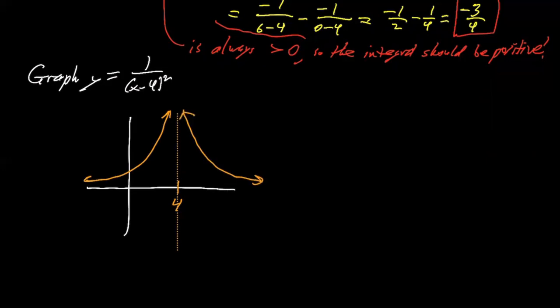It's your standard 1 over x squared function, just shifted 4 units to the right. But then the area we're looking at is the area from 0 to 6. It's all this area, but we have this vertical asymptote here, and this causes a problem.